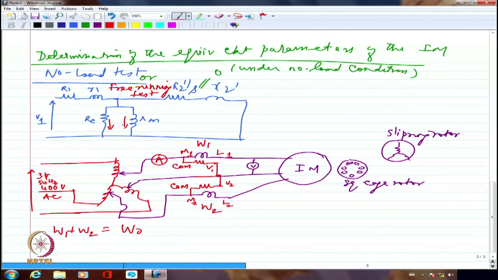If one of the wattmeters kicks back, then what we will do is reverse the current coil. That means you have to disconnect and reconnect the current coil. That's what we will do normally. So M will go towards the load side, L will come towards the supply side.